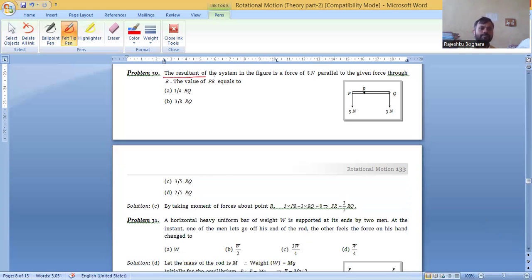Next. The resultant of the system in the figure is a force of 8 Newton.